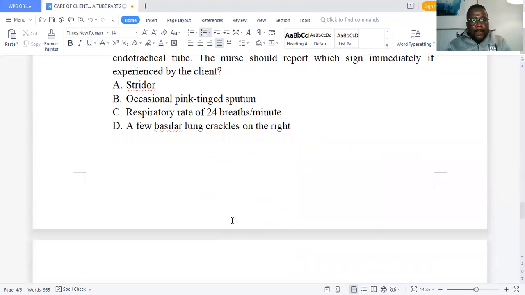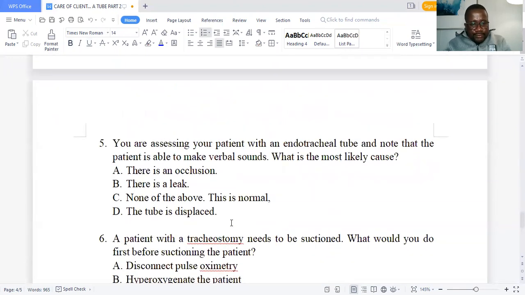Okay. Question number 5. You are assessing your patient with an endotracheal tube and note that the patient is able to make verbal sounds. What is the most likely cause? Verbal sounds, and the patient is on an endotracheal tube. Is the patient supposed to make verbal sounds when on an endotracheal tube?